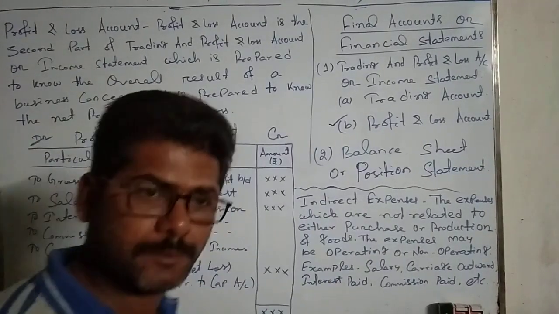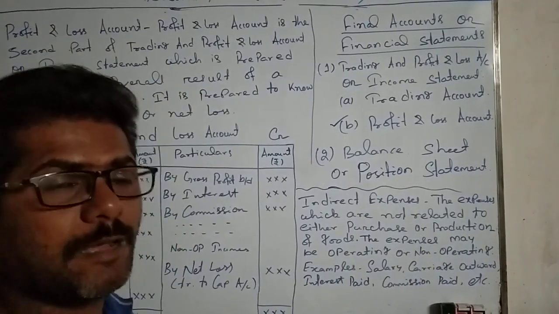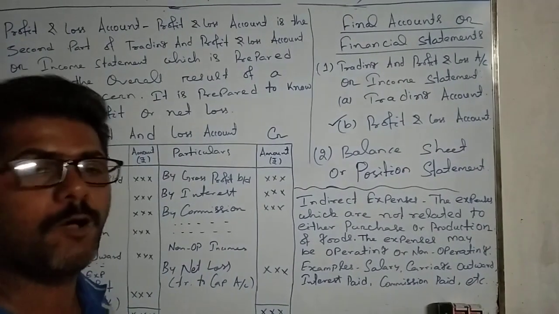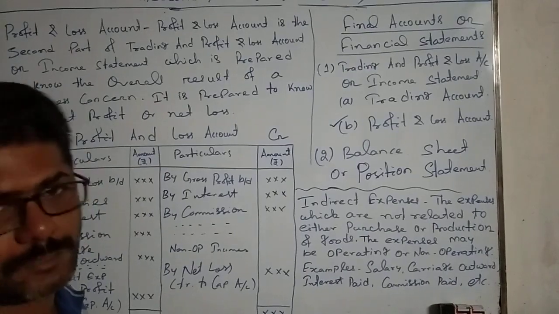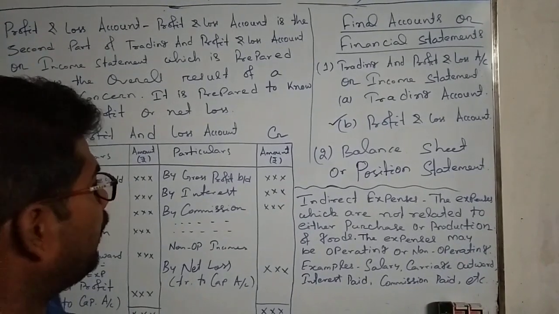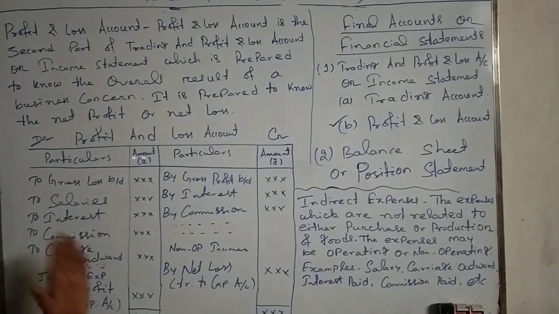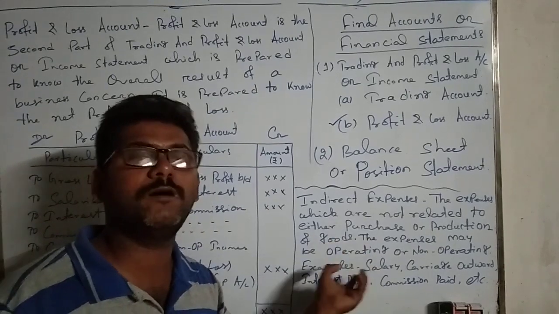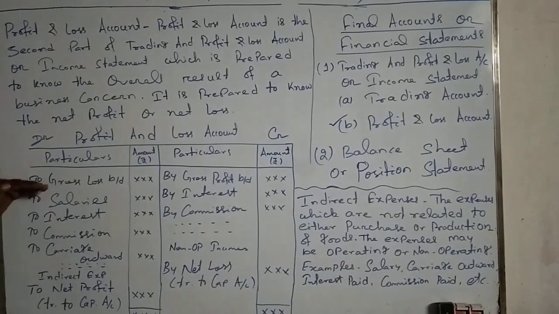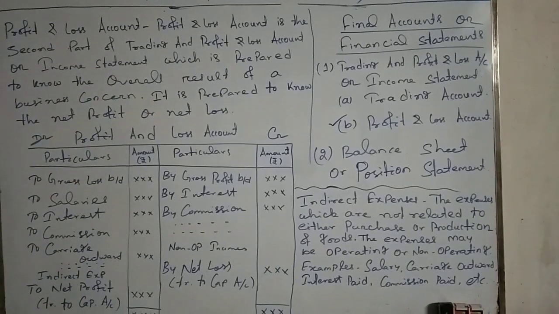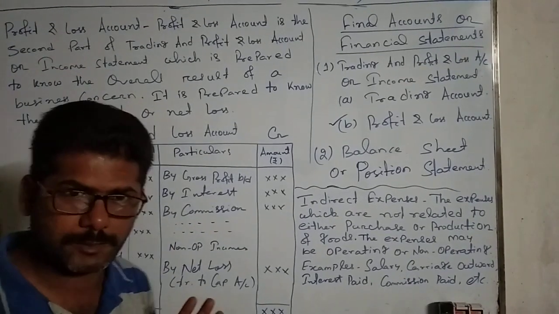We have already discussed direct expenses while preparing the trading account, because only direct expenses are considered there. But while preparing the profit and loss account, you must know about indirect expenses, because you will put all the indirect expenses on the debit side, which is the expenses side. So what are indirect expenses?